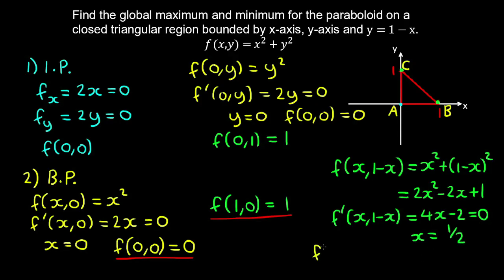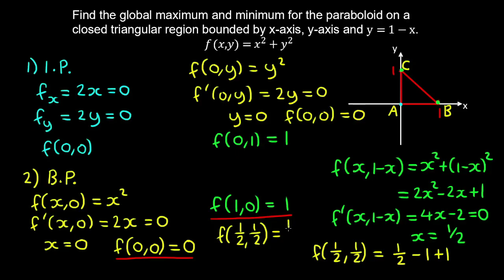And therefore the function at x, which is a half, and 1 minus x is also a half, is 2 by 1/2 squared, or 2 quarters, minus 2 by a half, plus 1. So we get another candidate at f of 1/2 and 1/2, which is equal to a half.